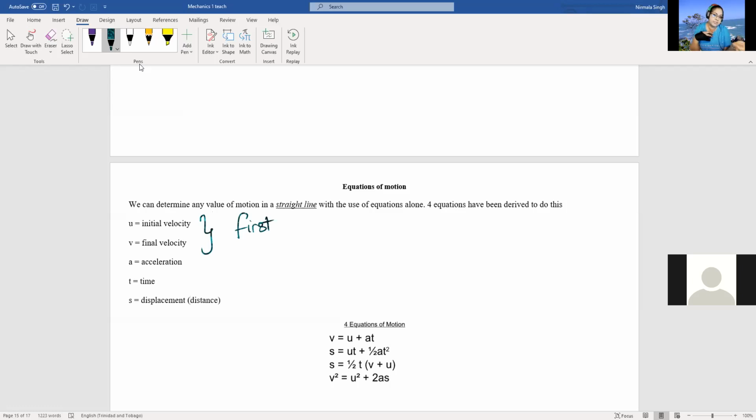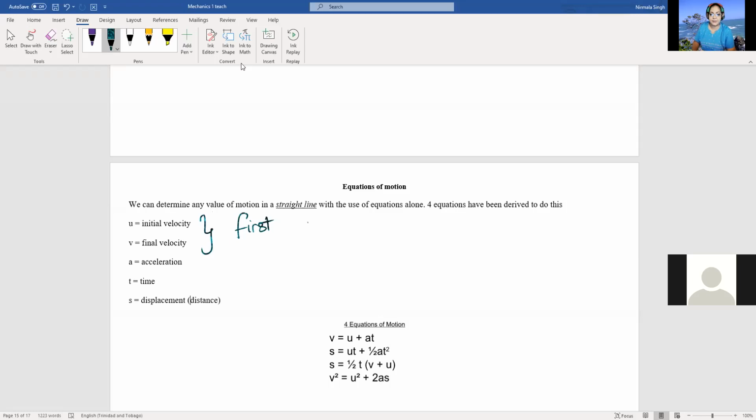One of those speeds could be at rest or could be 0, and then it's going to speed up and reach a next speed. Or it could be traveling at a given speed, then start to slow down and reach another one. So we always have 2 velocities to consider. We have the initial velocity, which is our first velocity, and then we have V, our final velocity.